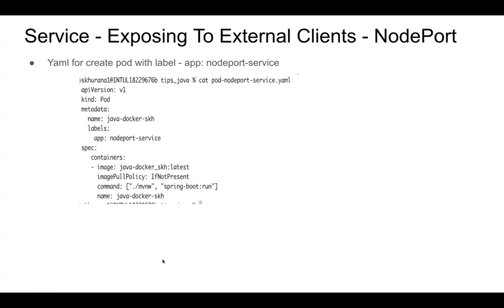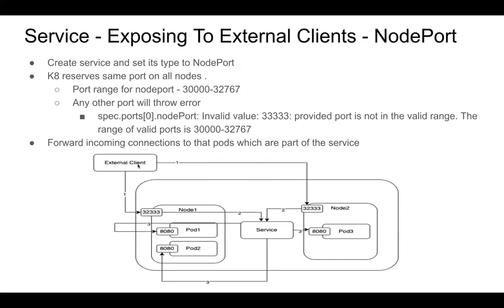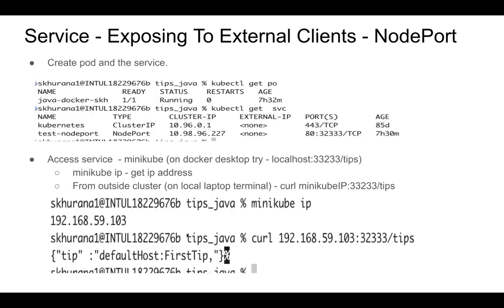Just refer to this example. It goes to 32333, and the service is exposed on port 80. It will get routed to port 80, then my container is exposed on 8080. So it goes from 32333 of the node to 80 of the service to 8080 of the container. That's how it works, correct?